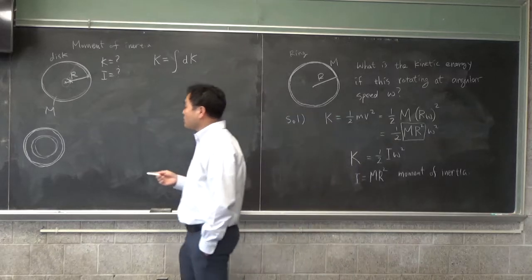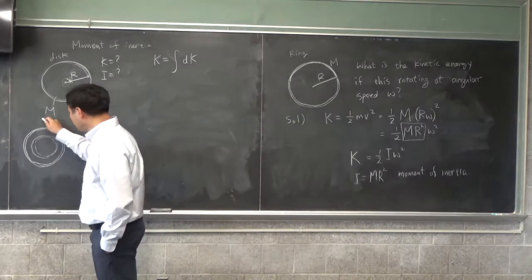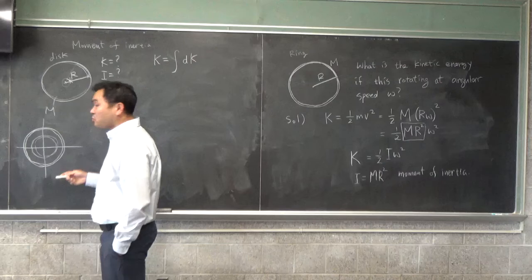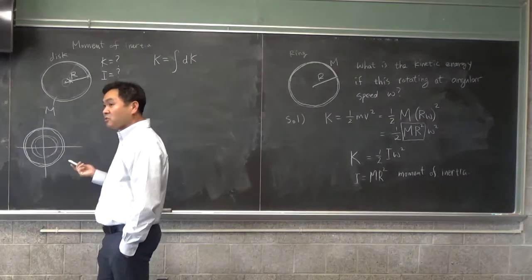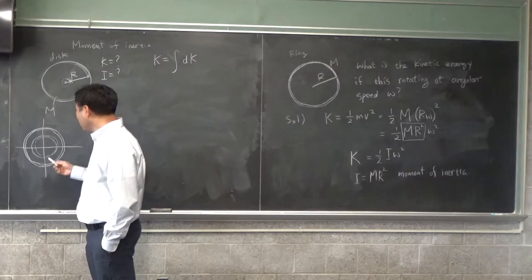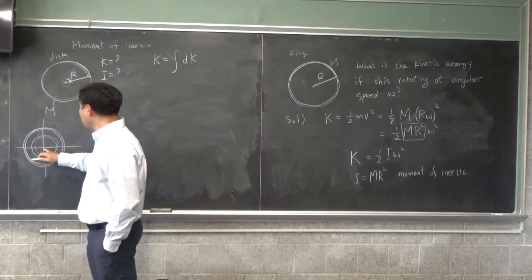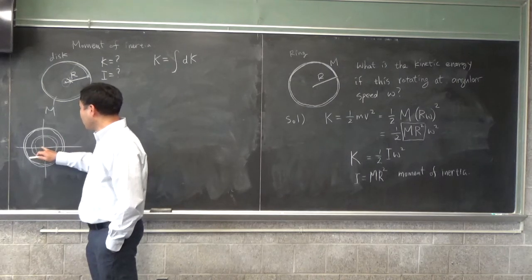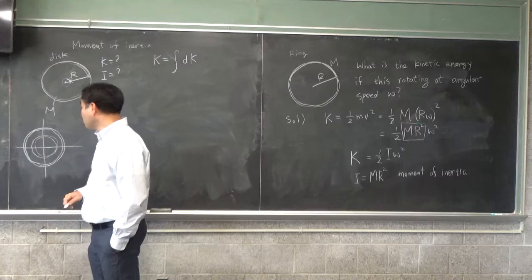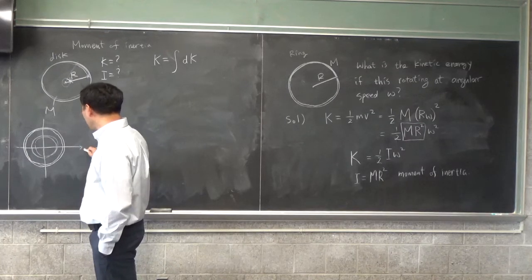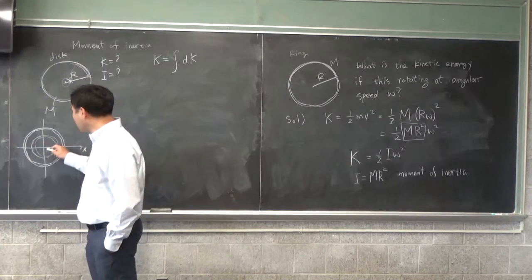Okay, we also need a few other things. I'm going to put this on the coordinate system so it's easier for us to see what's going on. And we're going to put the disk so that the center is at the origin. And we're going to parametrize these rings by using x.